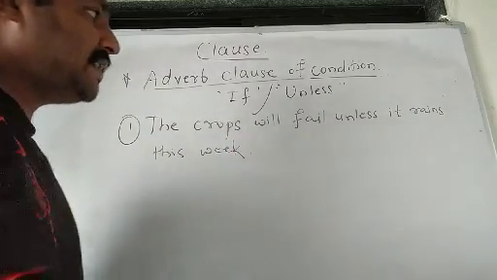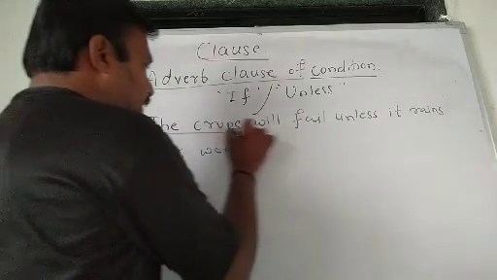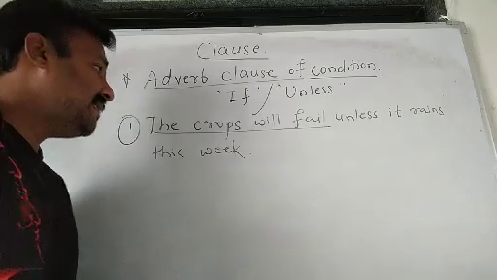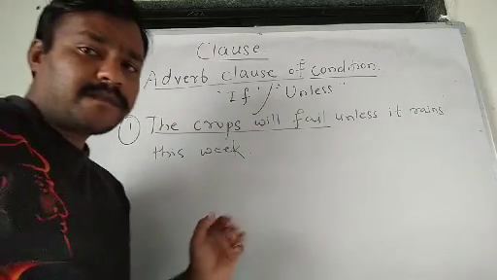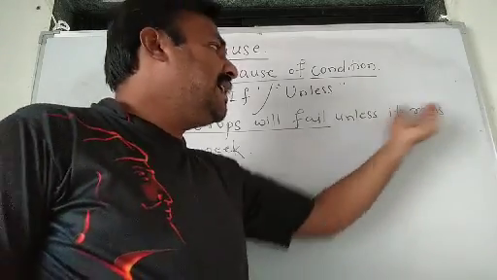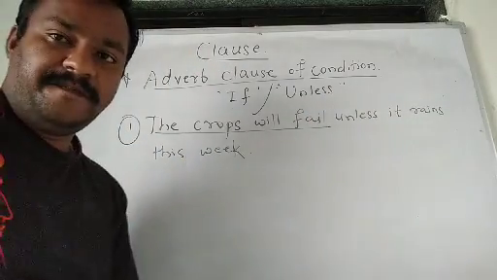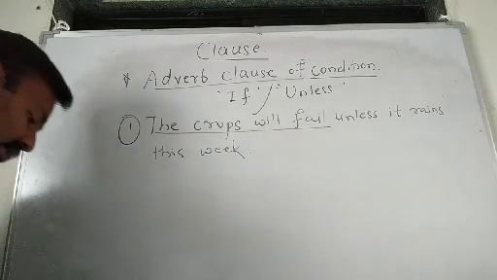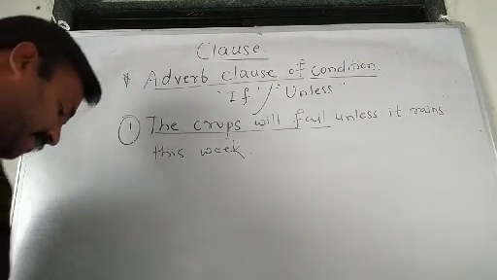So there is condition. The action mentioned in the main clause is that crops will fail, but there is a condition for that. Which kind of condition? Unless it rains this week. This is the conditional clause.